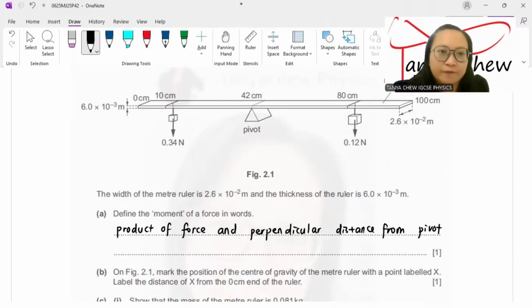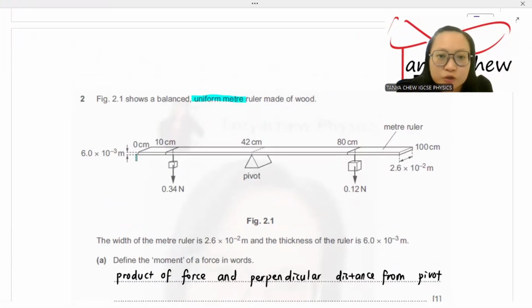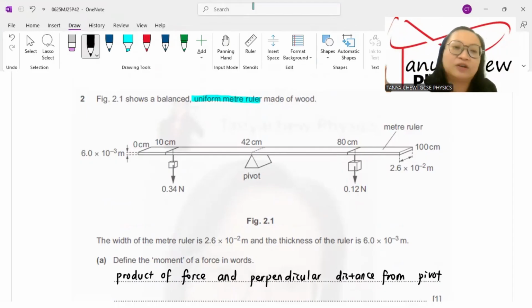Check this key point here: the hint given to you is uniform meter ruler. When the question mentions that this ruler is uniform, the center of gravity will act exactly at the center of the meter ruler. Since the meter ruler is 100 cm long, it will act at the 50 cm mark.